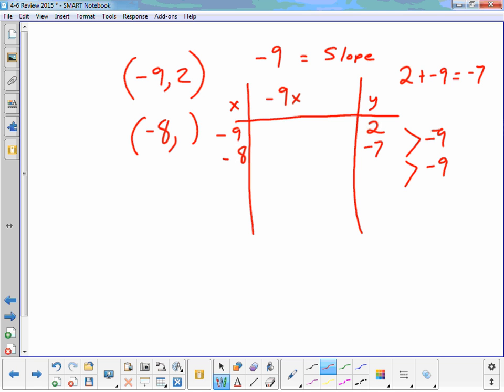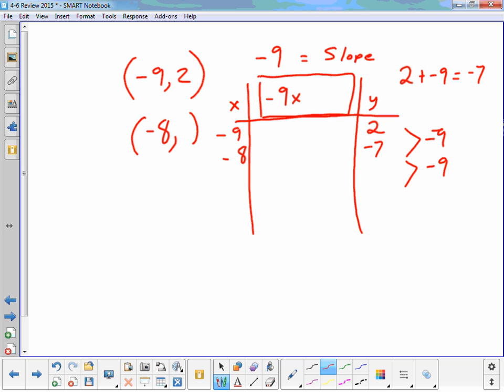Because I know that I'm graphing a straight line, okay? A straight line means that we have a constant rate, that we are growing or doing something at a constant rate. That means that my rule on my table here, this part right in here, has to stay the same. It has to be constant.